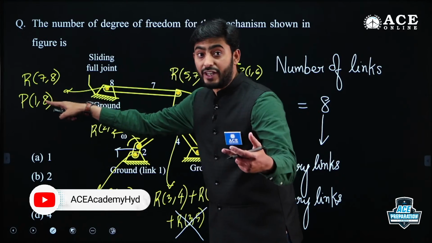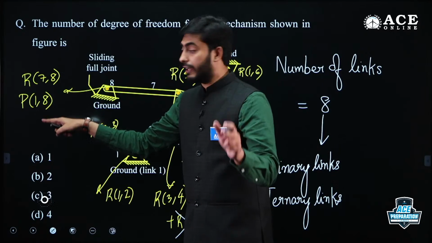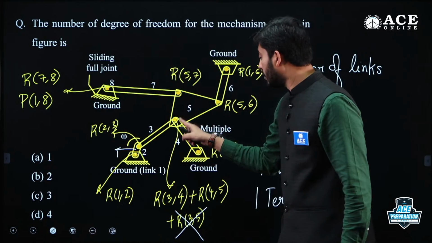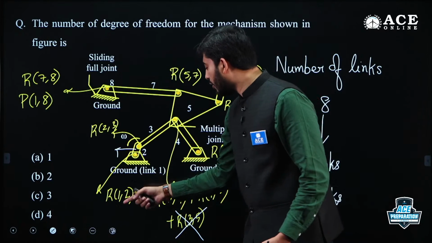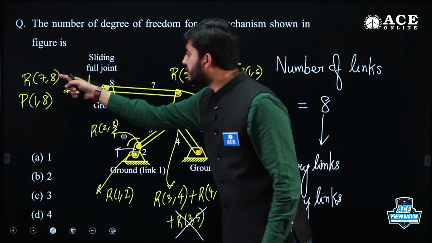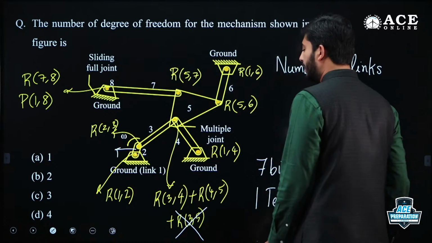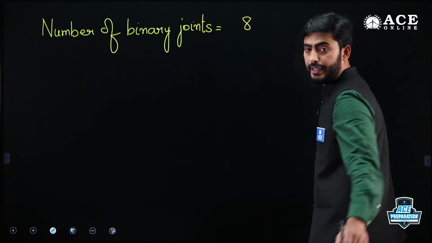Both are different in nature. At this node both joints are of different nature, revolute and prismatic. At this node both joints are of identical nature, that is revolute. So here the number of joints would be how much? 1, 2, 3, 4, 5, 6, 7 and 8. 8 would be the number of joints, right?